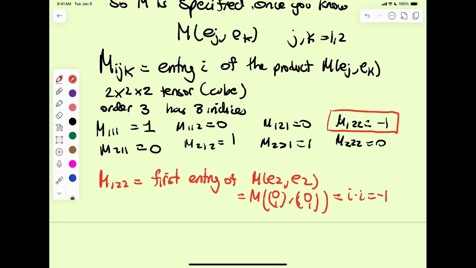If you want to rewrite this as a point on R2, it's -1, 0. Because I wanted the first entry, that's why I'm putting the -1 here. That's where the -1 comes from. And the second entry gives you 0, which is what you see there. And so you can figure them all out that way.